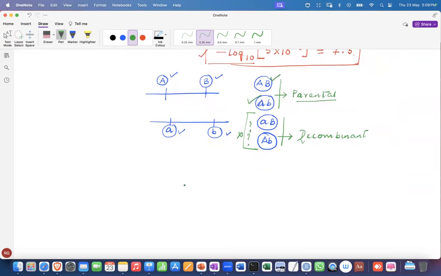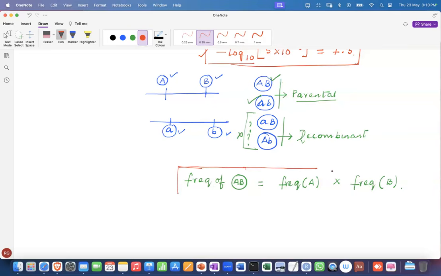Linkage disequilibrium is basically defined by the frequency of the AB gamete. Ideally, if there is no linkage, it should be the product of the frequency of A and the frequency of B. This is the fundamental under Mendelian genetics.